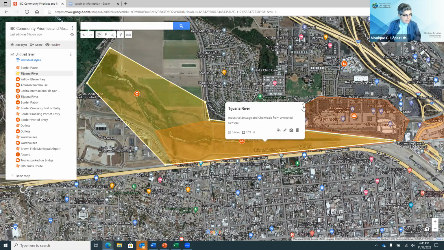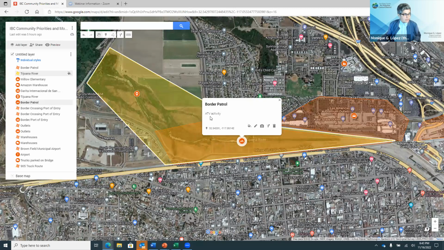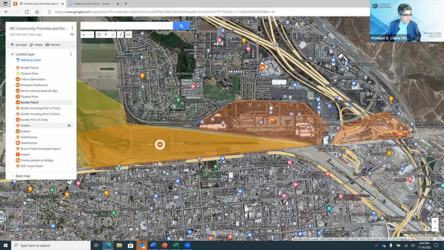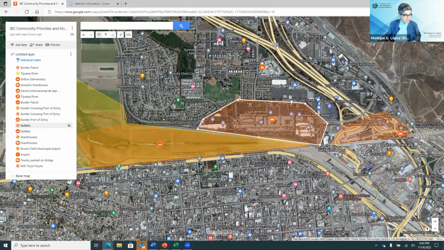We also heard that in this general area right here, the dust from Border Patrol, either driving the trucks or the four wheels as well, is a site of potential concern. We also heard from folks about the traffic from the outlets, so the cars going in and out of Las Americas outlets here being another site of concern, and maybe also another potential good place to have a monitor as well.